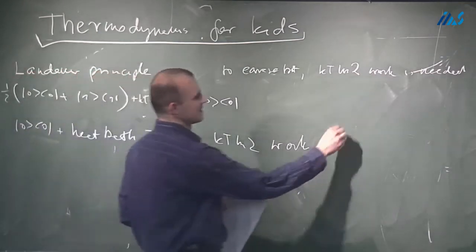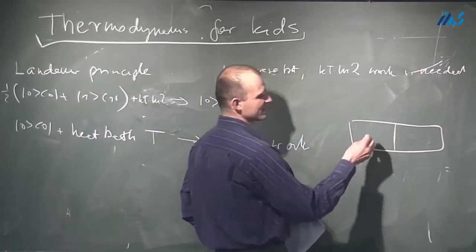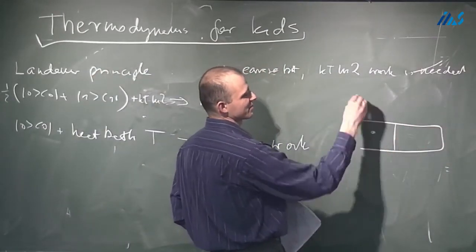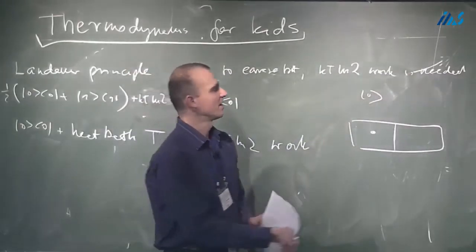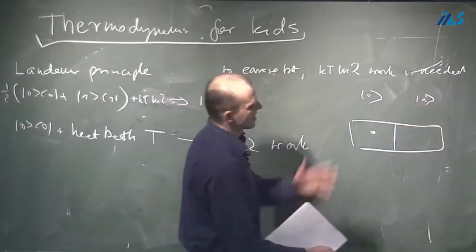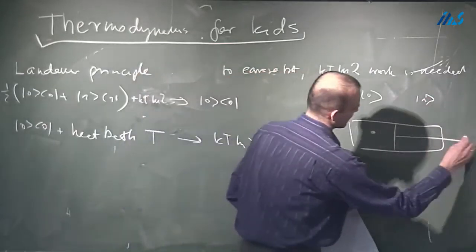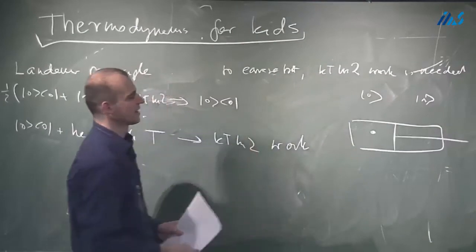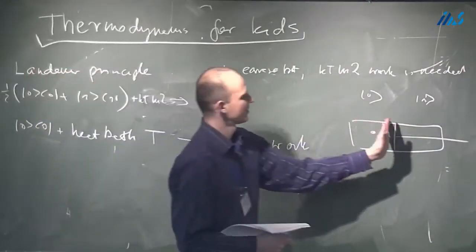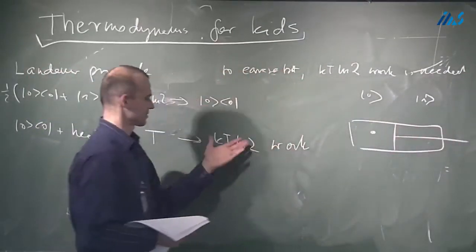So you have a piston, and you have one molecule that is here, which means that this bit is 0, here that bit is 1. And then once you know that the particle is here, you let the piston move this way, and you draw this amount of work.